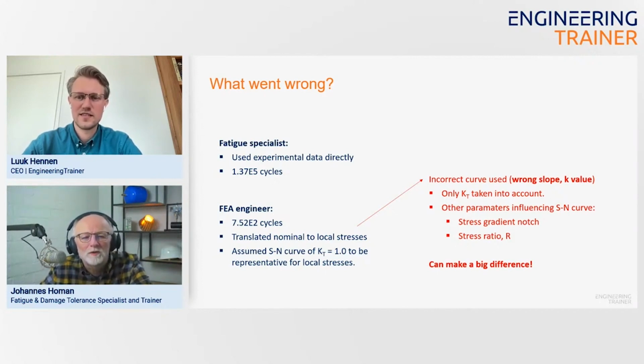He uses the local stresses, but then uses an incorrect curve, the wrong slope. That's because he only takes into account the KT value and not other parameters that affect the SN curve. The stress gradient at the notch, another one, by the way, is the stress ratio of your cycle, also has an effect on the slope. And those are neglected.